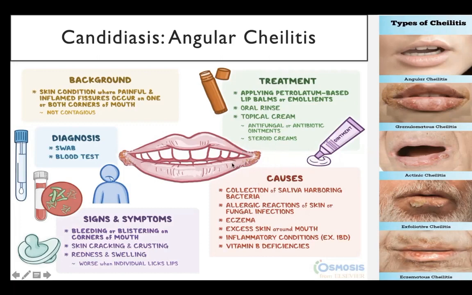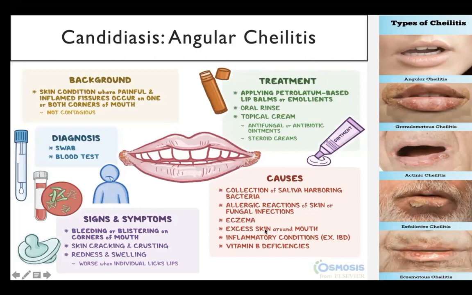So use some ointments or Vaseline or some soothing effects. So cover it. Don't let saliva go there so that bacteria cannot have ongoing parties. So causes: collection of saliva harboring bacterial infections, allergic reactions of skin or fungal infections. That's why we are reading here.